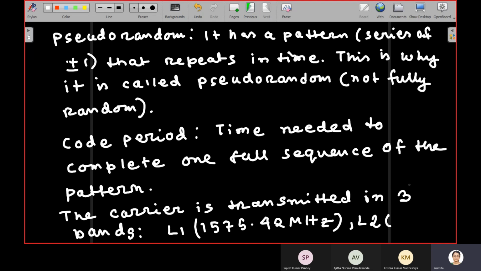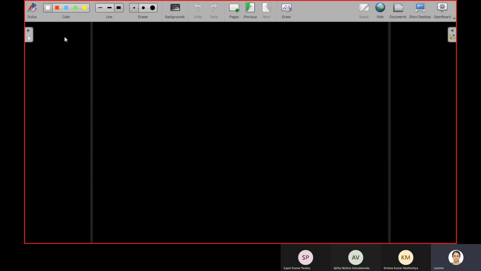L2, 1227.6 megahertz, and L5, 1176.45 megahertz.